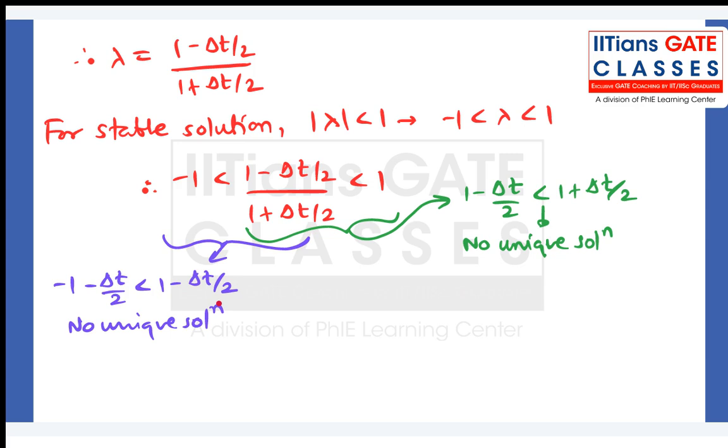So in such scenarios when you don't get a clear answer by following the stability condition, what you can do is upgrade your lower bound from -1 to 0. Okay, so in such cases you need to check this one.